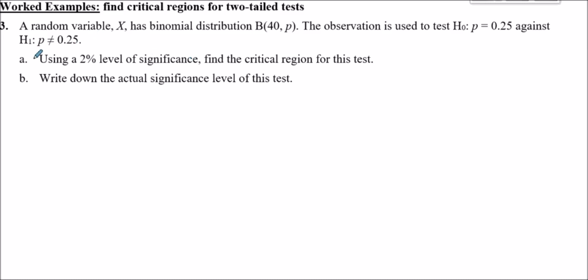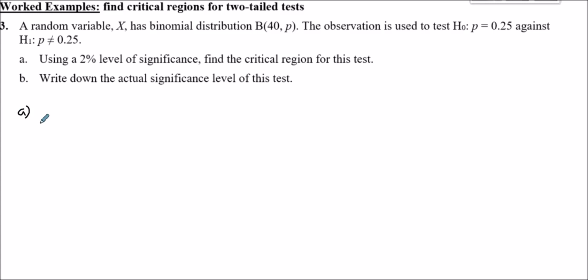First of all, we need to use a 2% level of significance to find the critical region for this test. Now, an important point here, the significance level tells us the total significance level for both tails inclusive. And so because we have a 2% level of significance, we need to aim for 1% or as close to 1% in each tail.